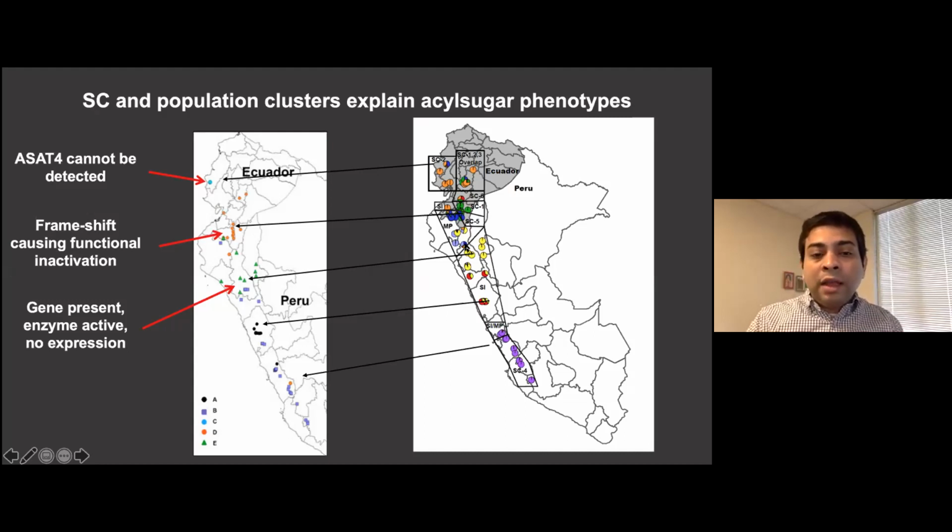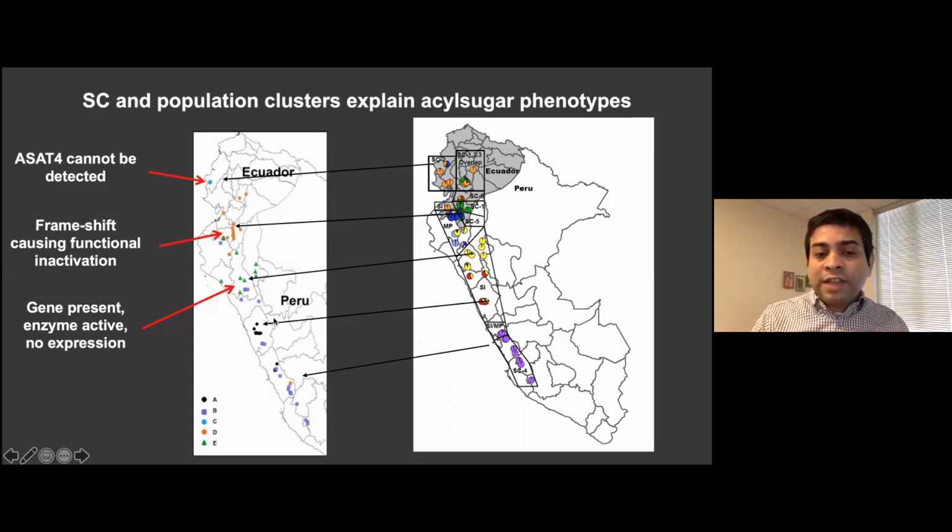And then finally, this particular group, the green one, where the gene is present but it's not expressed, all of those are self-incompatible populations. But I'll come to that in the next slide.